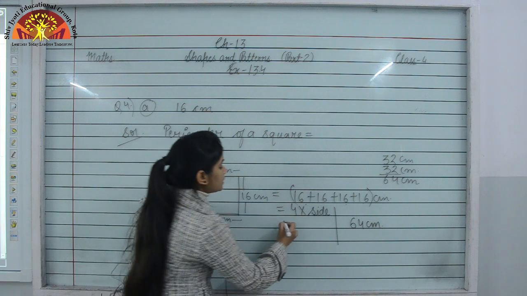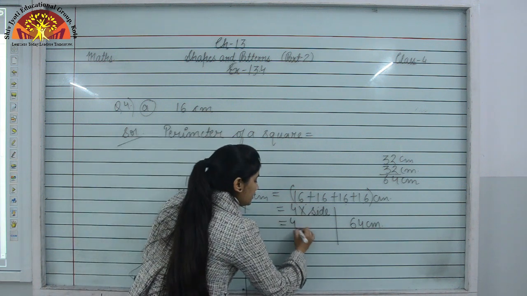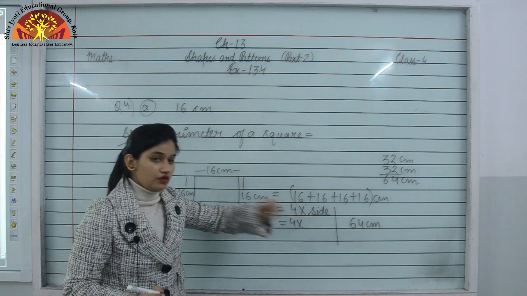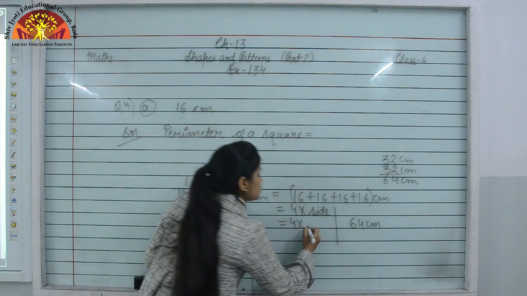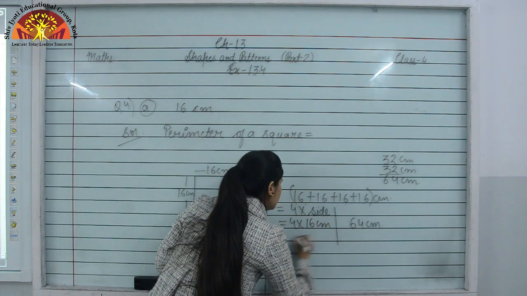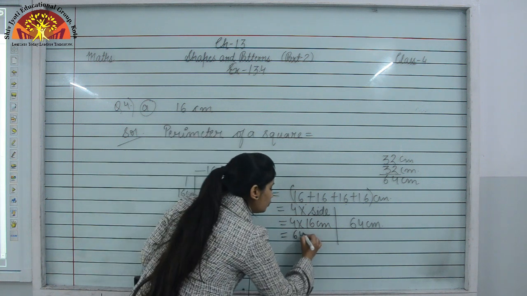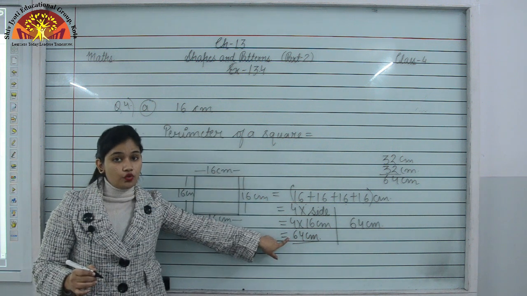But if we put the value of the side in this formula, let's have a look. 4 multiplied by side. Now what is the side in this question? The side is 16 centimeter, so I am writing 16 centimeter here. And as we know, 16 fours are 64. So now you can see the answer is 64 centimeter.